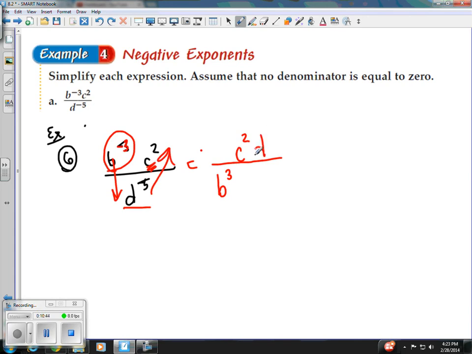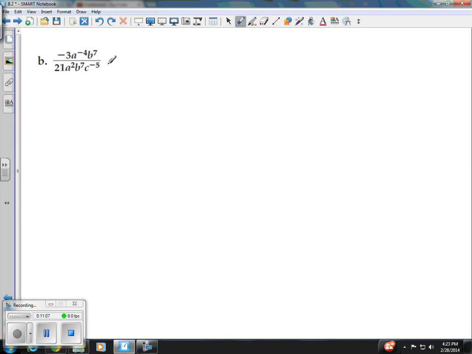So d, because he went to the top, is now to the positive fifth power. And that's our answer. We can't go any farther because they're all different variables. And remember, whenever you write out your variables, you always want them in alphabetical order. So it's c squared d to the fifth while you're changing their location.